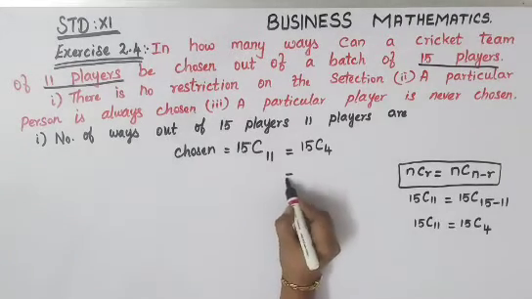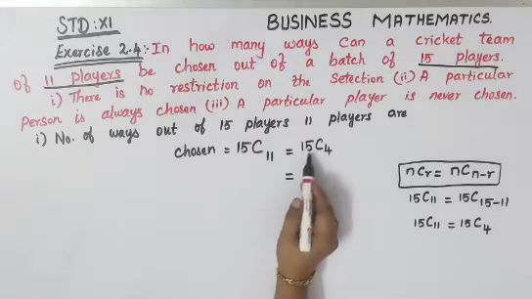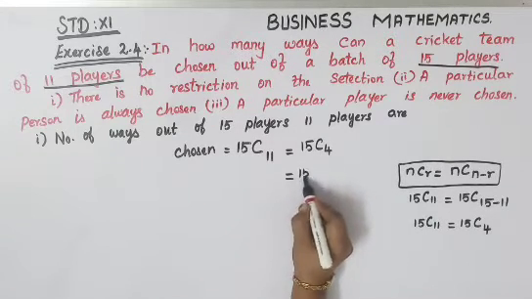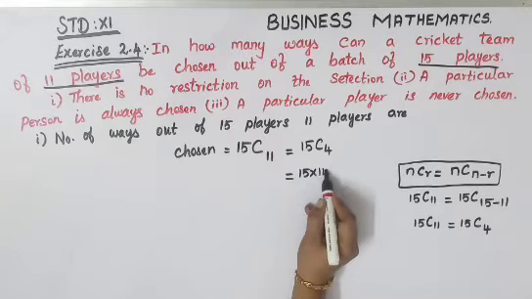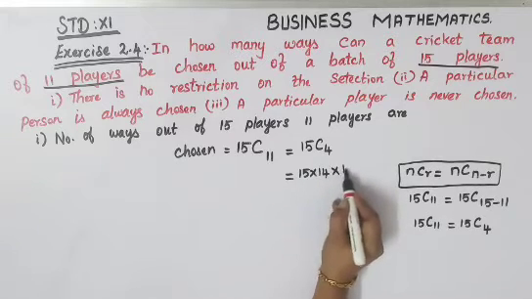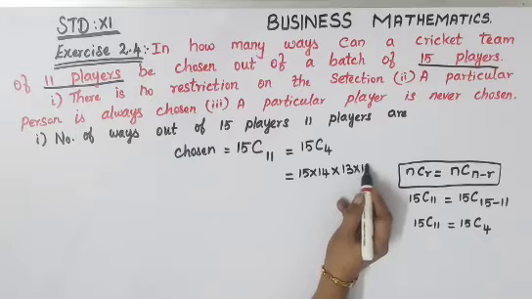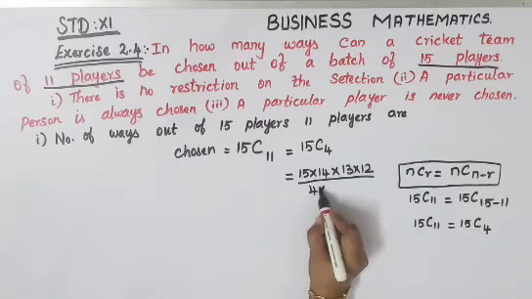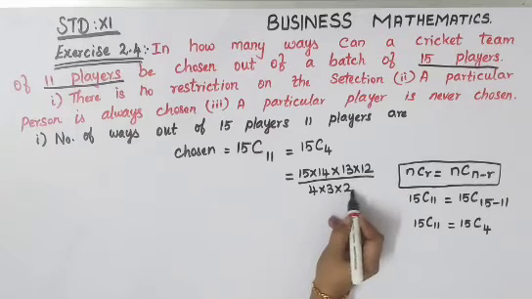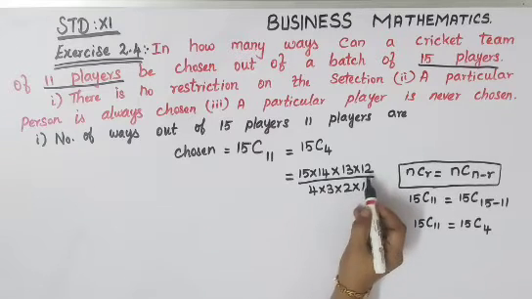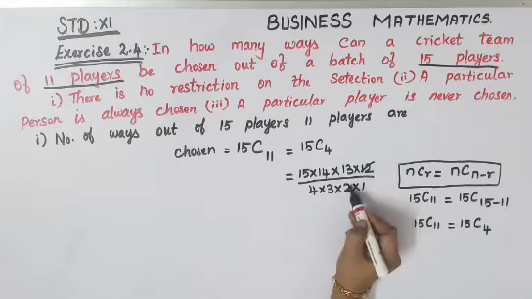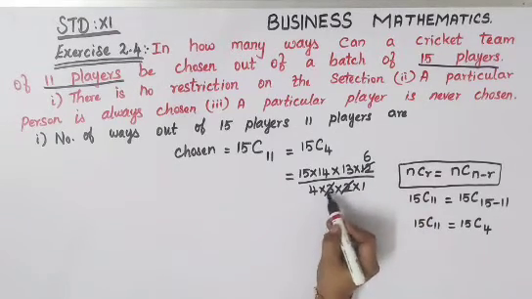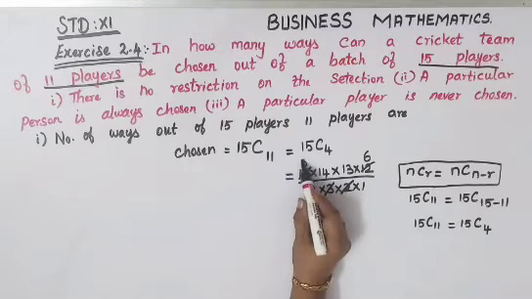So that is equal to, now 15C4, up to 4 consecutive numbers you will have to come down. So that is 15 into 14 into 13 into 12 divided by, from 4 you will have to start, so 4 into 3 into 2 into 1. So you can cancel it. 2 and 12 will go 6 times. 3 and 15 will go 5 times.